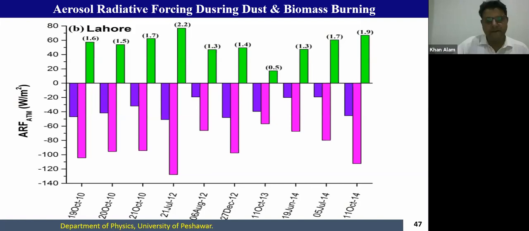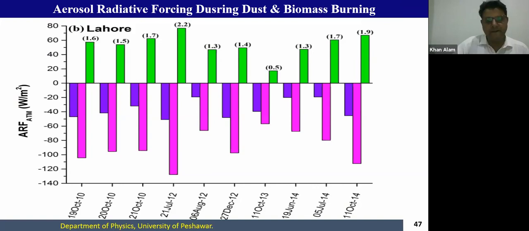But once we subtract the surface forcing from the top of the atmosphere forcing, then we calculate the atmospheric forcing, which is positive and reached 60 watts per meter squared.